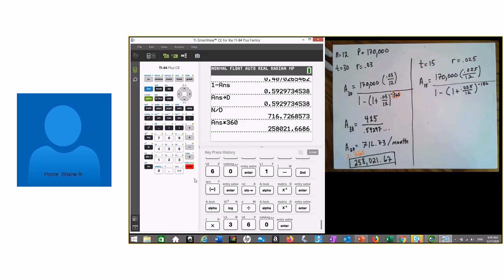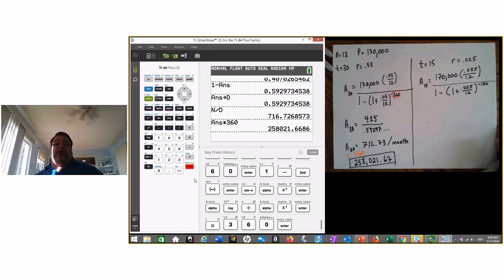All right, now if you hadn't done 15 years, go ahead and do 15 years, because all you got to do is change the fraction.